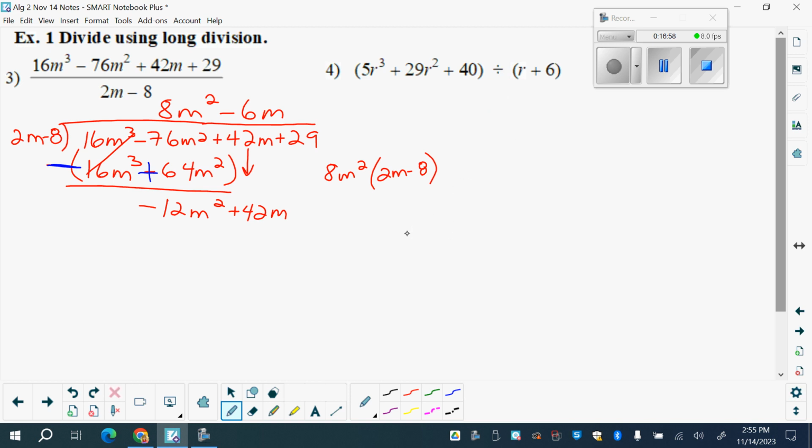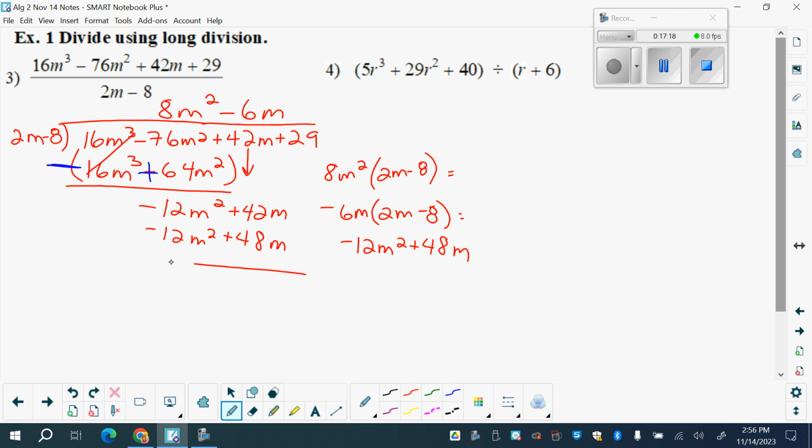So on the side, you can take your negative 6m and multiply it by the 2m minus 8. And we get negative 12m squared plus 48m. And then we want to subtract them. So we distribute that negative.